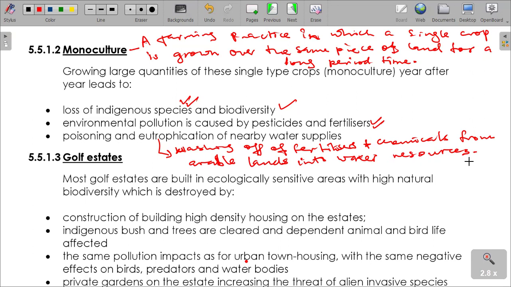Eutrophication results in algae, those water-loving plants that can grow, and in that regard they also affect our aquatic life, which at the end of the day compromises our biodiversity.